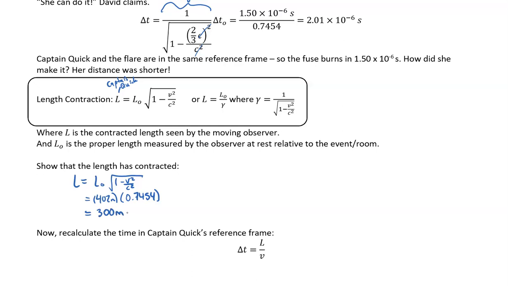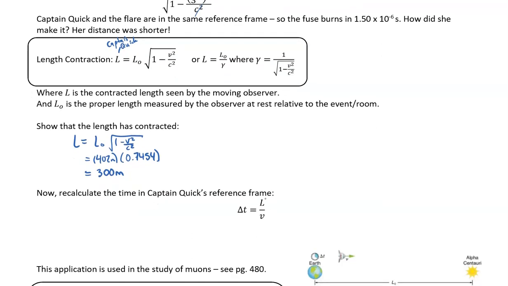So in fact, in Captain Quick's frame of reference, if we calculate the time it took, using time is equal to distance over speed, then we go 300 meters divided by a speed of 2/3 times the speed of light, which is 2.00 times 10 to the 8 meters per second.